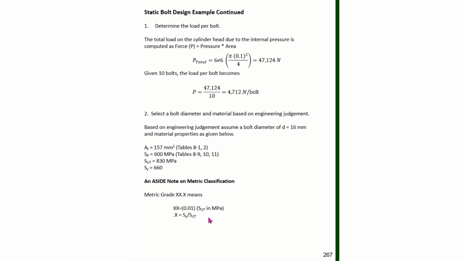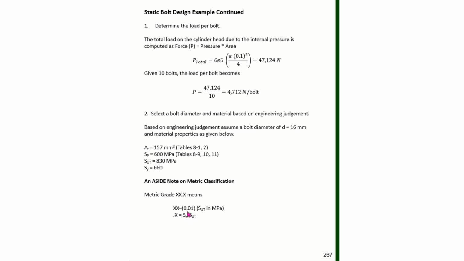Now, here's an aside note on metric classification. When metric bolts are specified, they have a grade of some number, decimal point, and then some number. This first number is equal to 0.01 times the S_UT in megapascals. The second number after the decimal point is equal to the ratio of S_Y over S_UT.